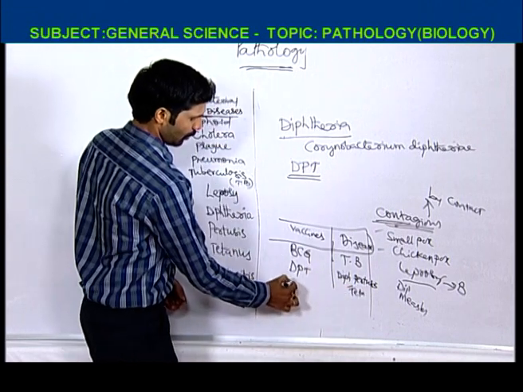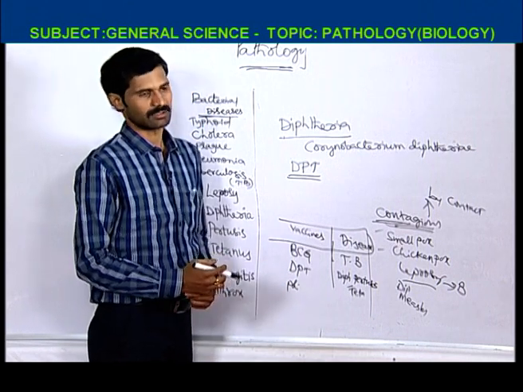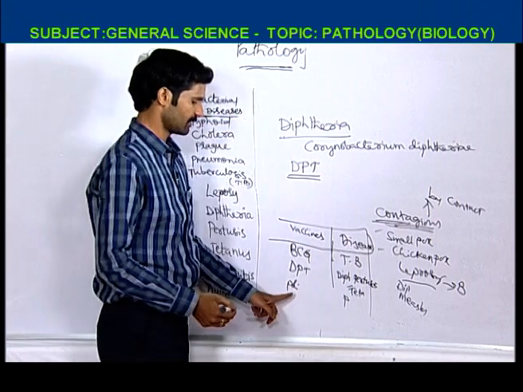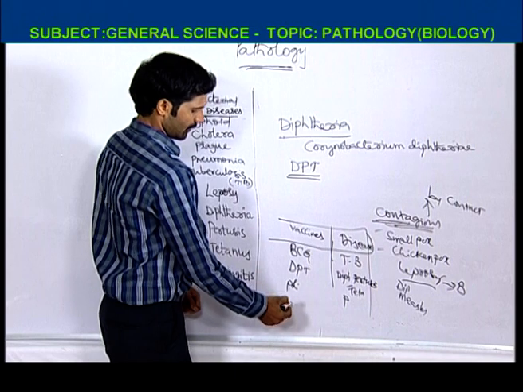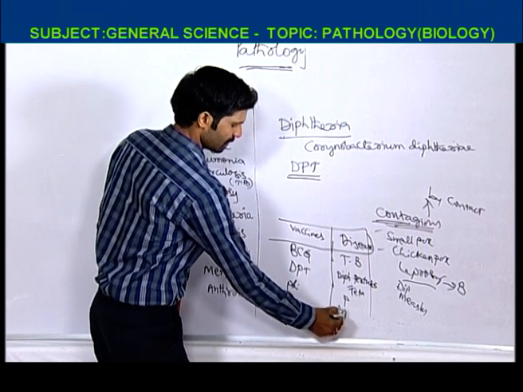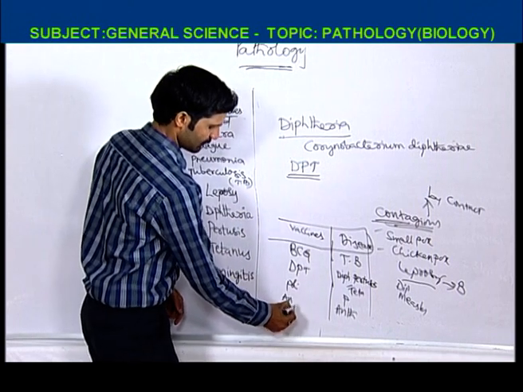Next, the polio vaccine: oral polio vaccine, and an injection is also there for polio. For polio disease there is a vaccine, that is the polio vaccine. Next, the anthrax vaccine for anthrax disease, and the rabies vaccine for rabies.